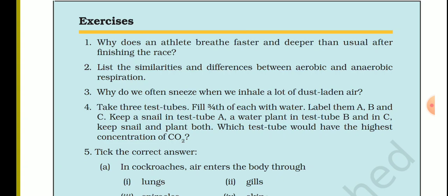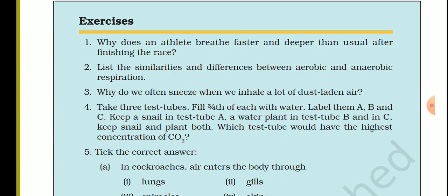So to compensate for the amount of oxygen, the athlete breathes faster and deeper than usual after finishing the race.